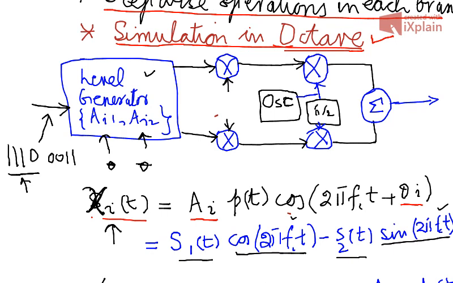Then in the upper branch, we would have the first one, which I can write as AK1, using the same notation as in your book, and here it is AK2.